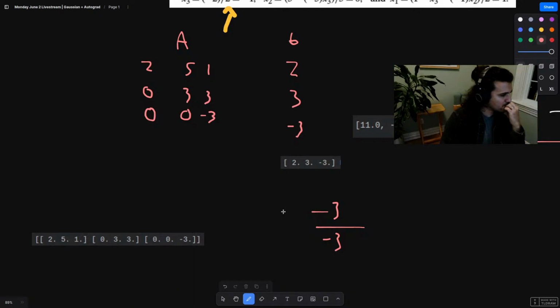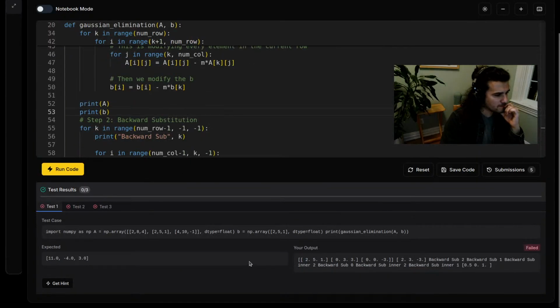No, this is not good. What are we starting with? We're starting with 2, 8, 4, 2, 5, 1, 4, 10, -10. I think there's a swapping at some point that I'm doing that is garbage.